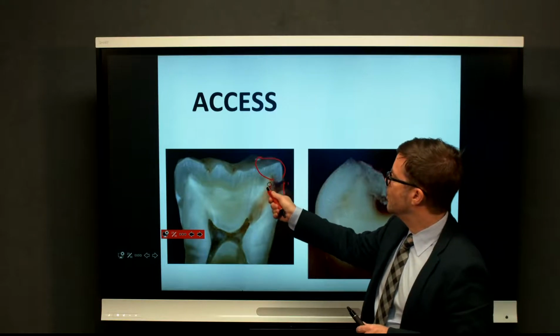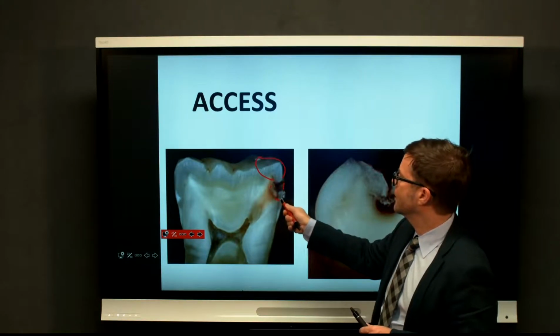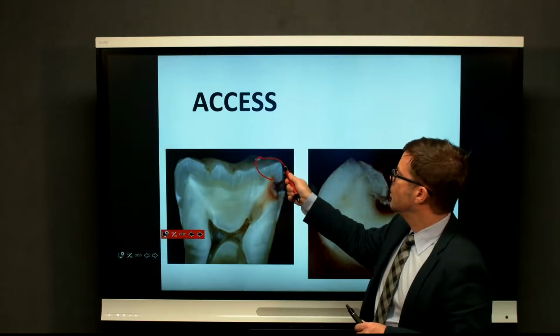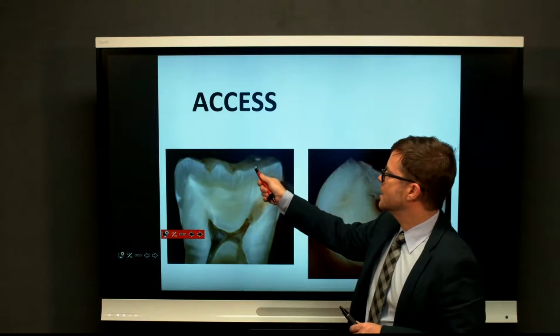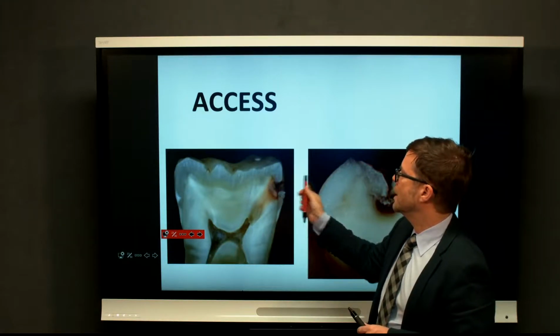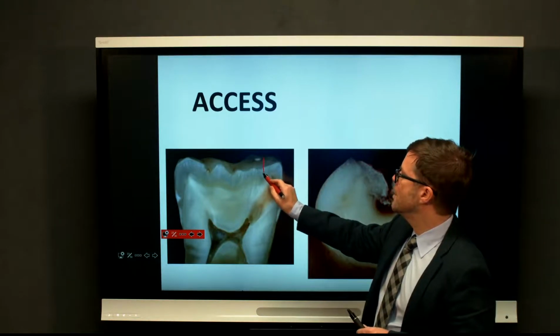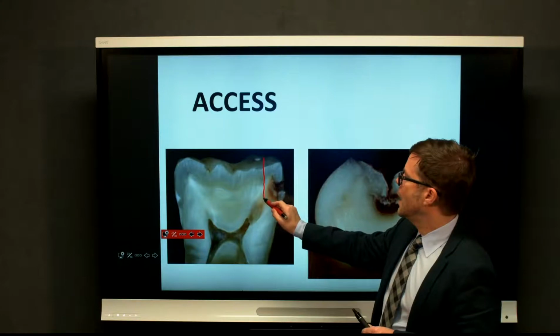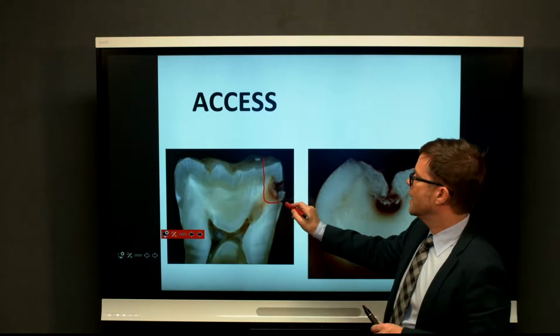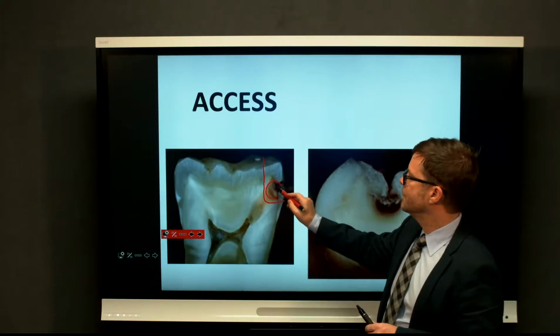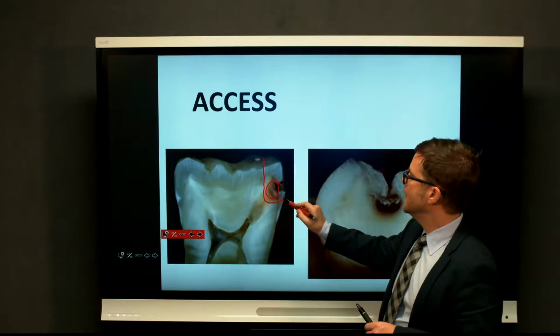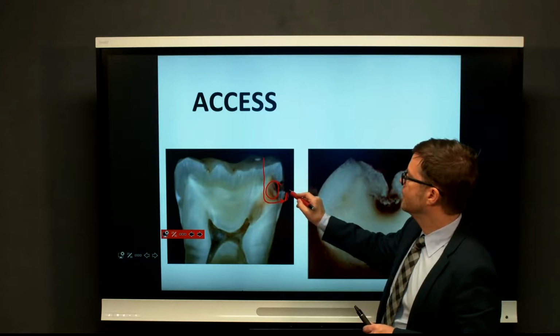However, if there was a tooth next door, we would not be able to access the cavity directly this way. So what we would have to do is to cut through the marginal ridge, eliminate the necrotic dentine, and any unsupported enamel.